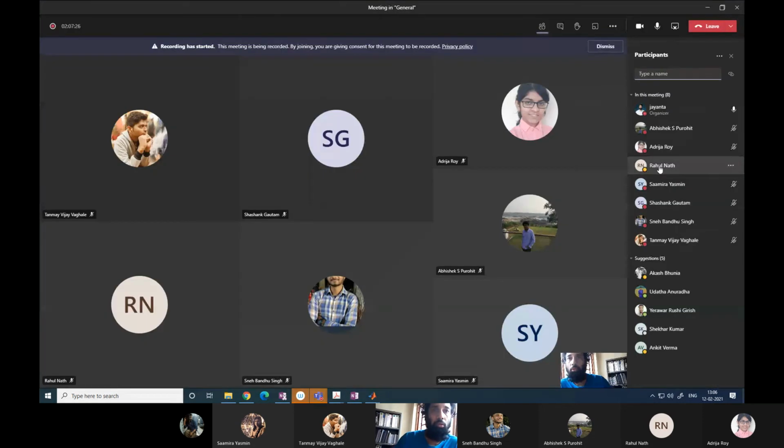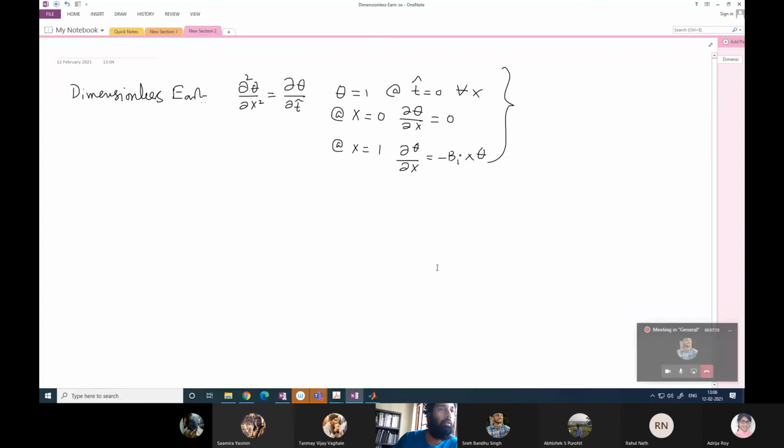So this is the equation, and in separation of variables, let me check. Oh, still 8 people are here. Great. So in separation of variables we assume theta is a product of f, which is a pure function of x, and g, which is a pure function of t hat. So we substitute it here.